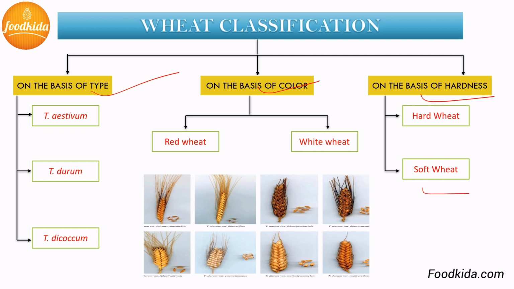And on the basis of color, wheat is of two types, red wheat and white wheat. The most clear difference between these two classes of wheat is the color of the outer coating of the kernel, that is bran, not the processed wheat. Red wheat has darker bran while white wheat has lighter colored bran. Red wheat typically contains more protein.